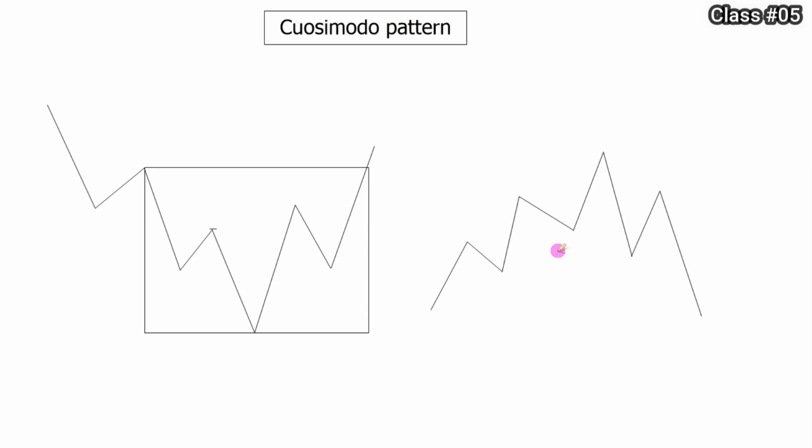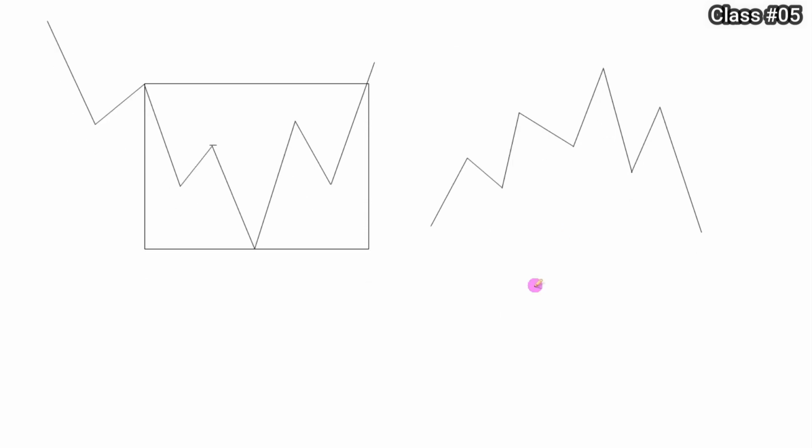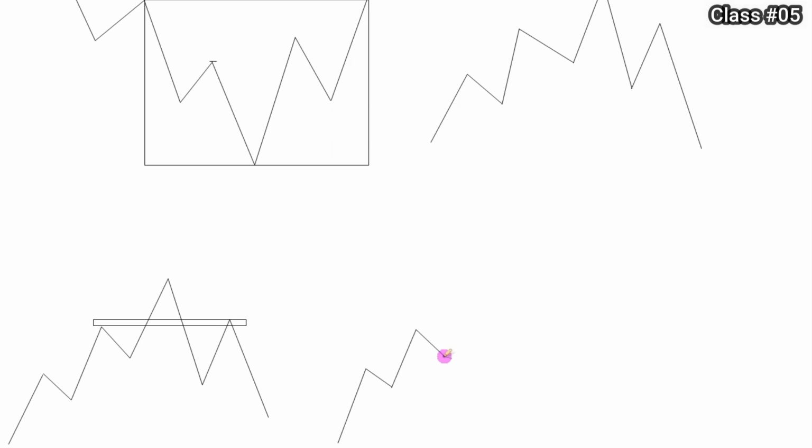So what is the difference between the cuosimodo pattern and the head and shoulder pattern? Let's suppose we are in an uptrend and the market is breaking its last support and reversing from this head and shoulder zone. So this is a cuosimodo pattern. Okay, so if the market is in an uptrend and reversing from this support and changing its trend direction, this is a head and shoulder pattern.